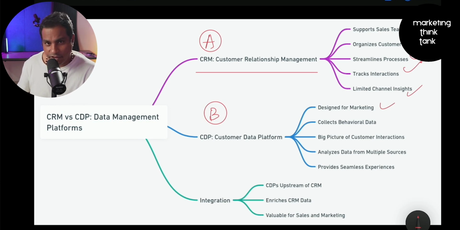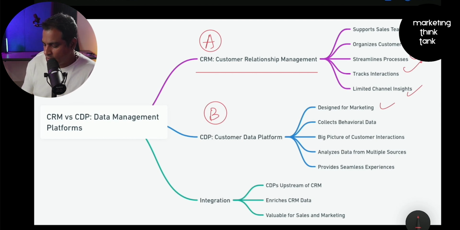What has his behavior been? What is the nature of the interactions he has had in the past? What is his history? And this is intelligence, right? This is marketing intelligence. This information can be used for you to segment your audiences in a smart fashion. You can use marketing automation tools to run segmented, targeted campaigns across these segments.